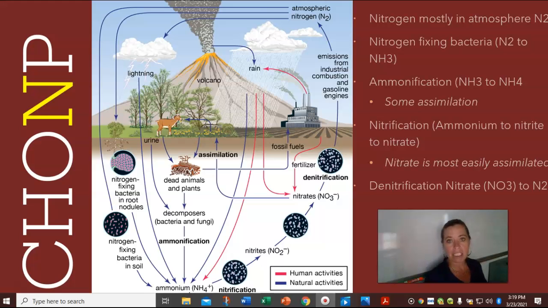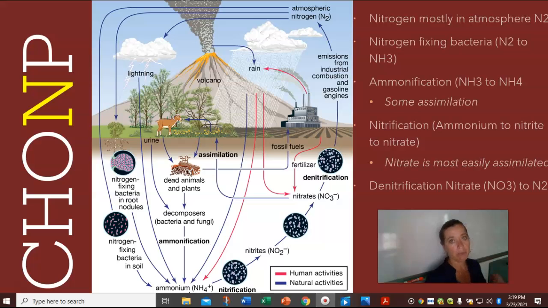So first of all, we have to take the nitrogen in its unusable form. We have to transition it into a usable form. There are two major ways that this could happen. The first is lightning can chemically alter the atmospheric nitrogen and if it gets carried down with precipitation, it can get integrated into the soil and then get uptaken by plants.